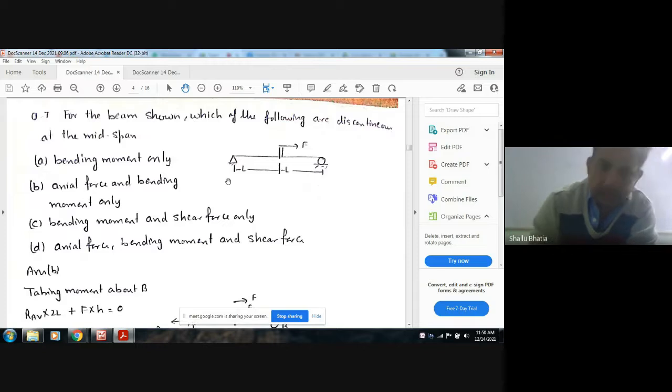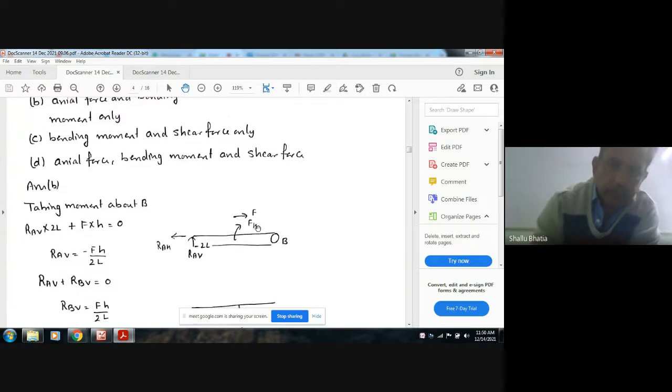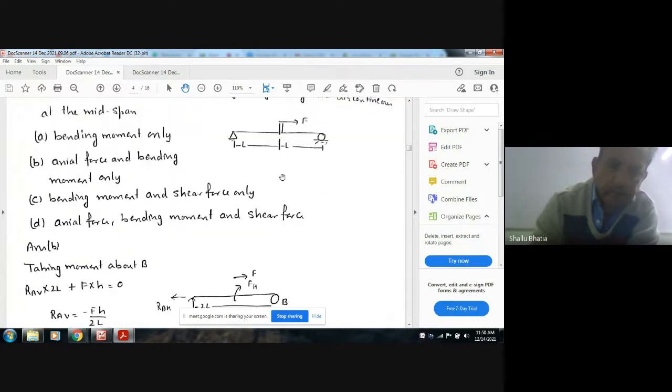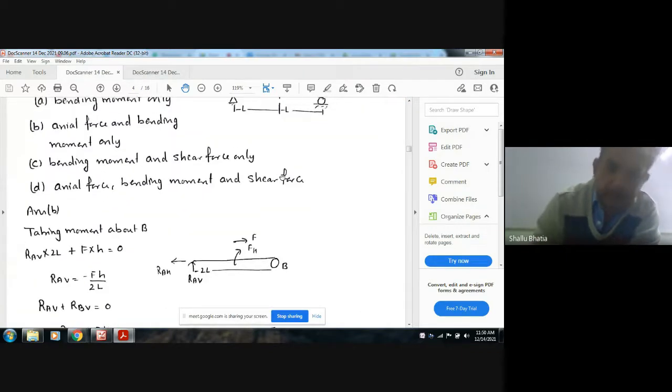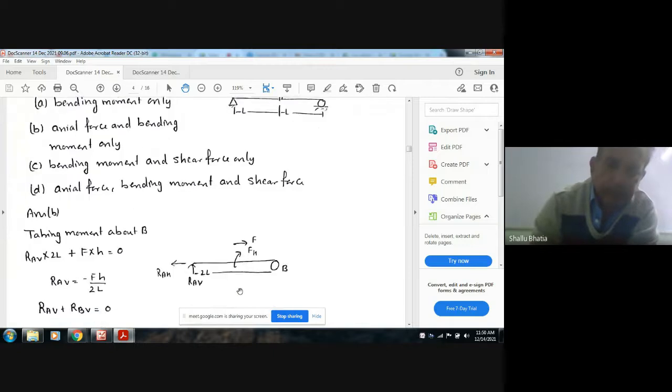So this beam can be represented like this also, where F is the force, the axial force on the beam, along the axis of the beam. And due to this F, this is distance h. The F h is the moment.